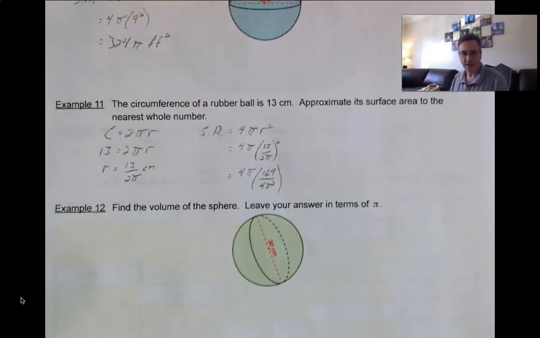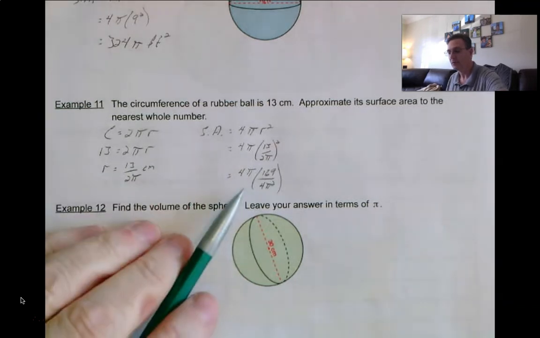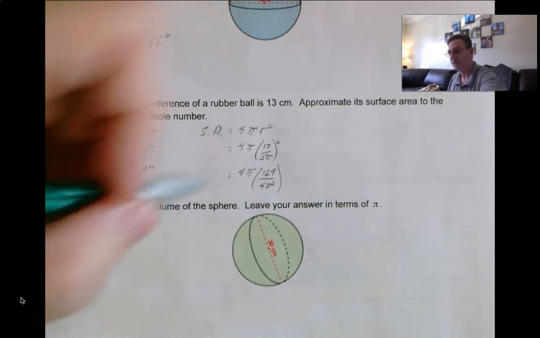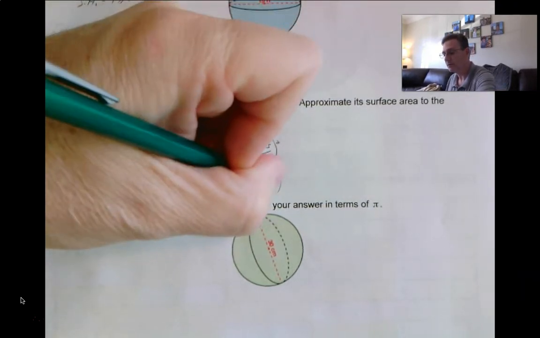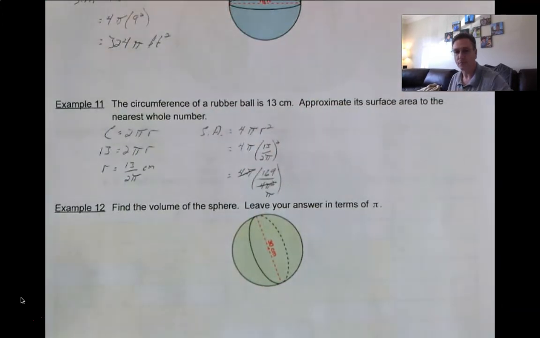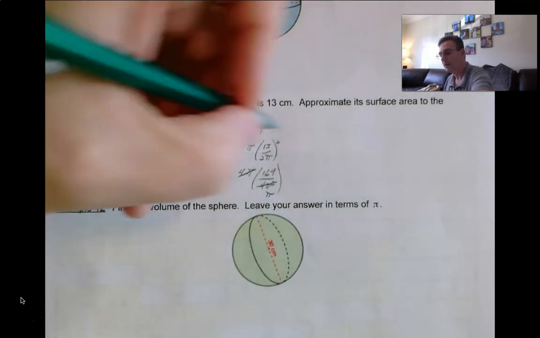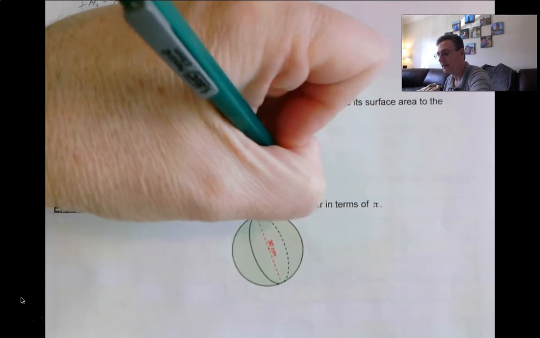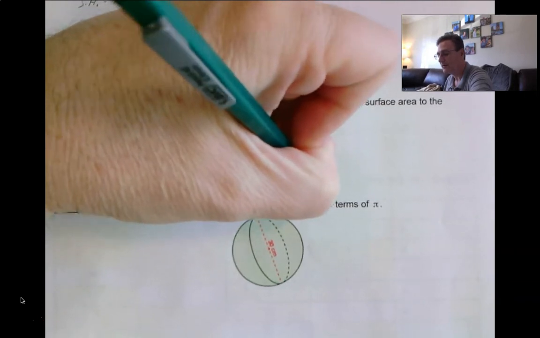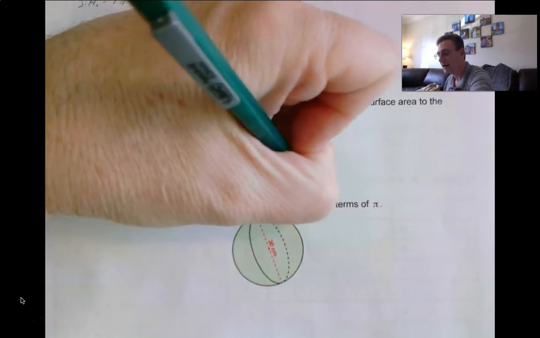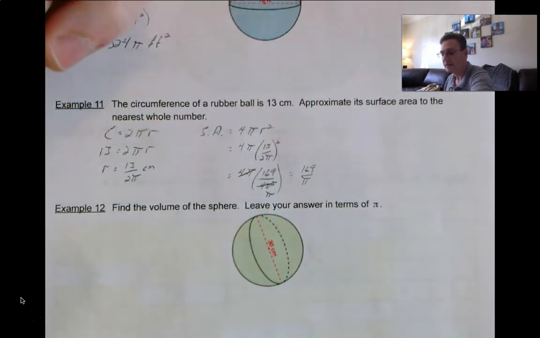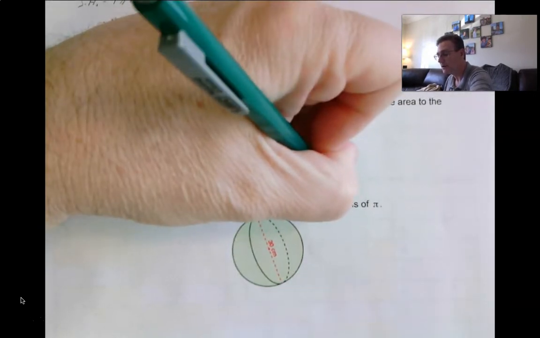Don't forget that pi is now squared. When I reduce, 4 pi goes into 4 pi r squared, and I am left with a pi here. So my surface area is equal to 169 over pi, and this is centimeters squared.